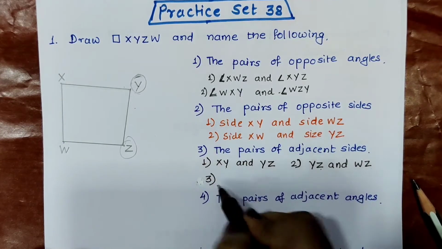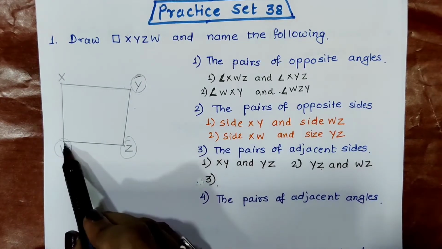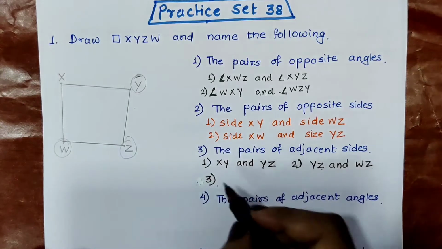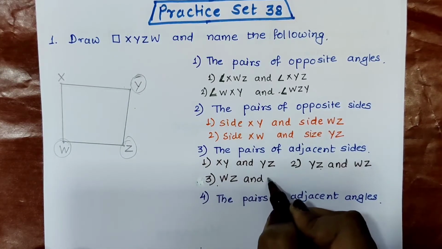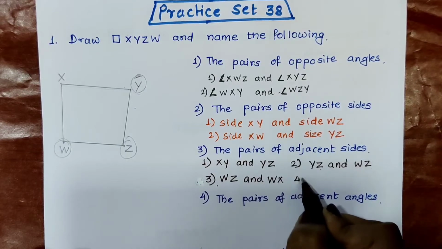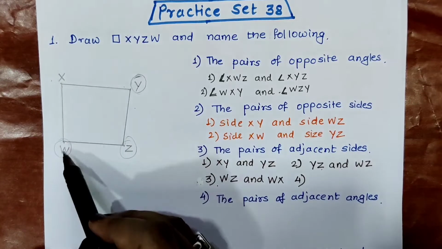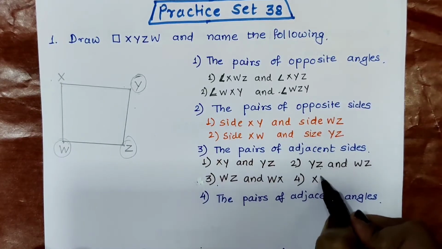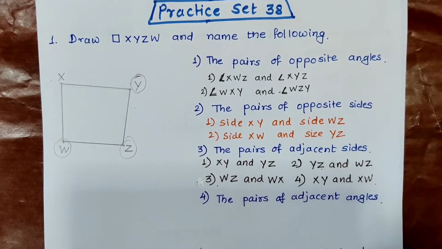Third pair, if you take W as the common vertex, will be the sides WZ and WX. And the fourth pair having common vertex X will be XY and XW. So in this way we can write the pairs of adjacent sides.